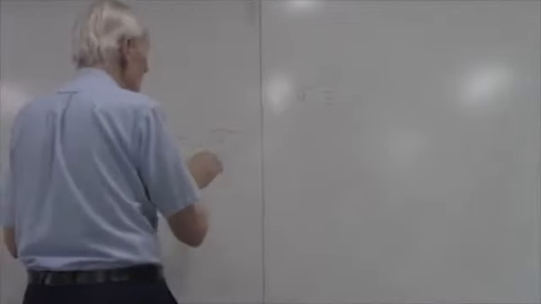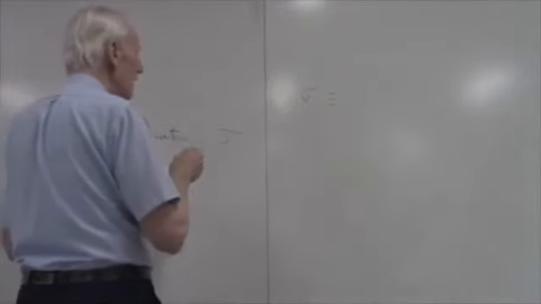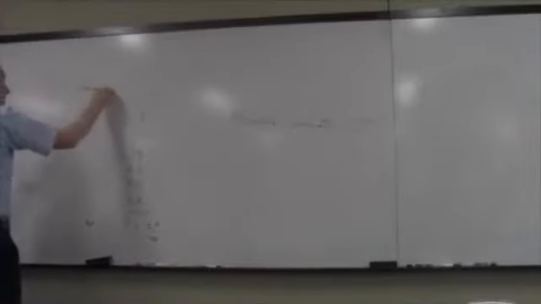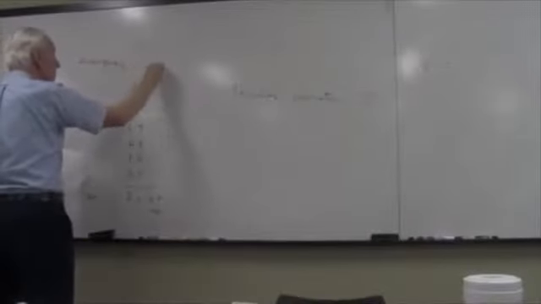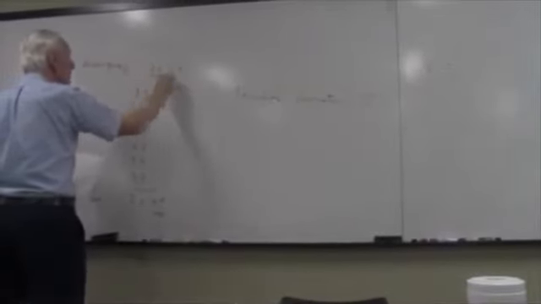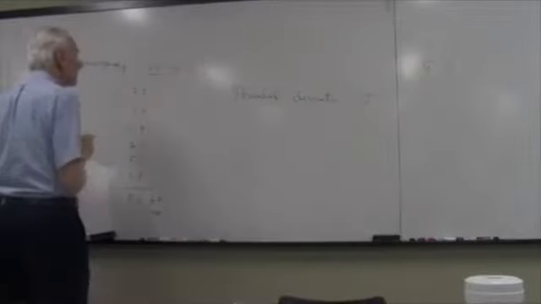So the standard deviation is obtained by finding the discrepancy between the mean and each one of these values. So the discrepancy for the first value would be 7.2 minus 7.0, which is plus 0.2.